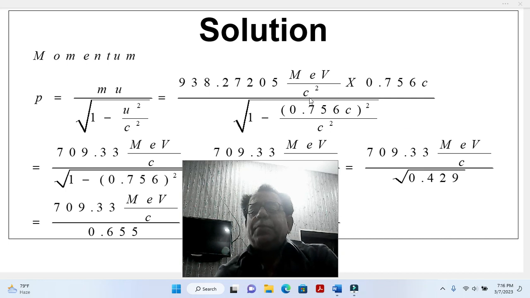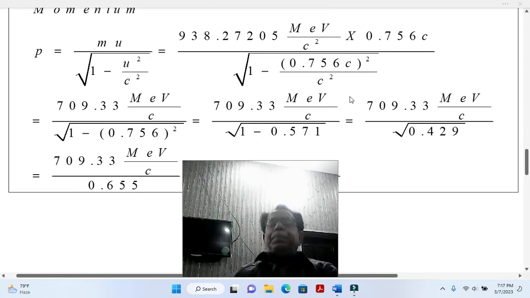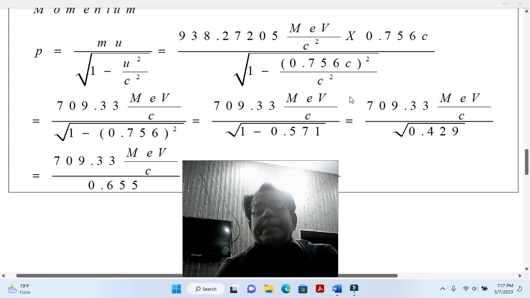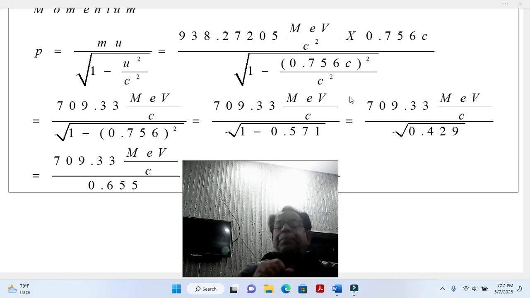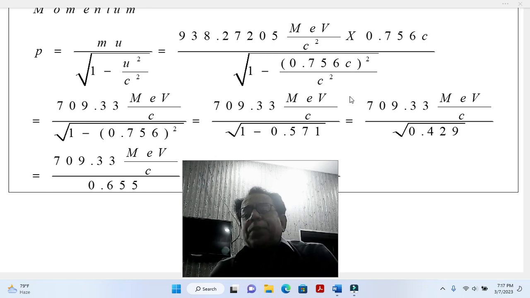So here the next step becomes 709.33 million electron volt over c, over square root of 1 minus 0.756 square, because c square has been cancelled, and also 1 c from million electron volt over c square has been cancelled with u, which is given in terms of c, 0.756 c.